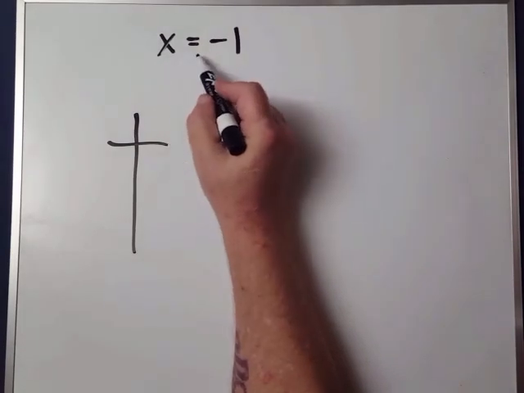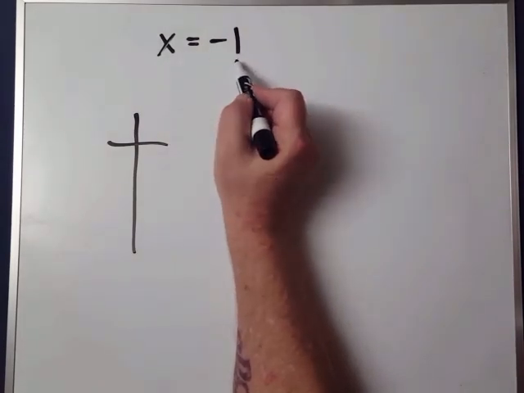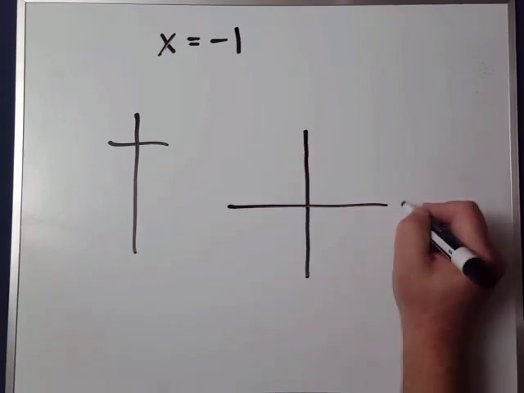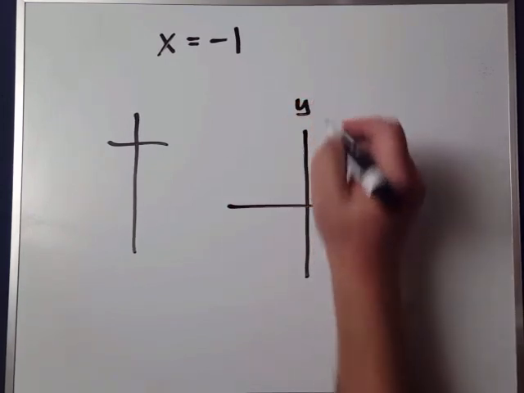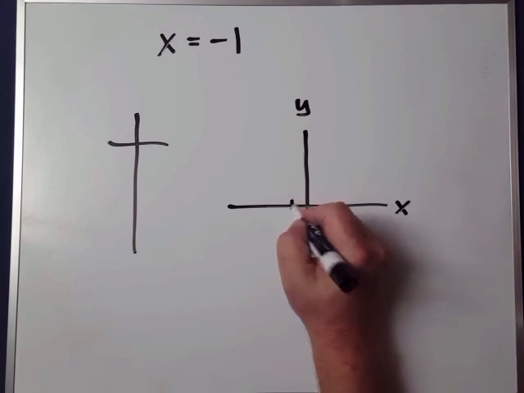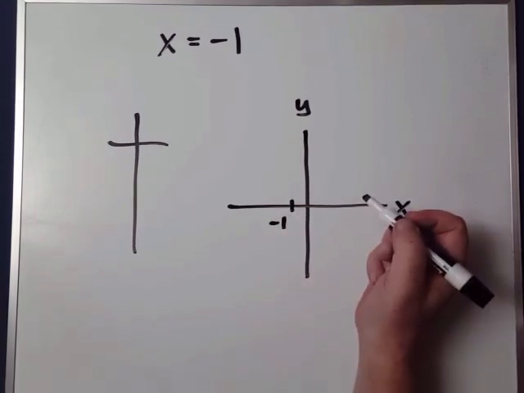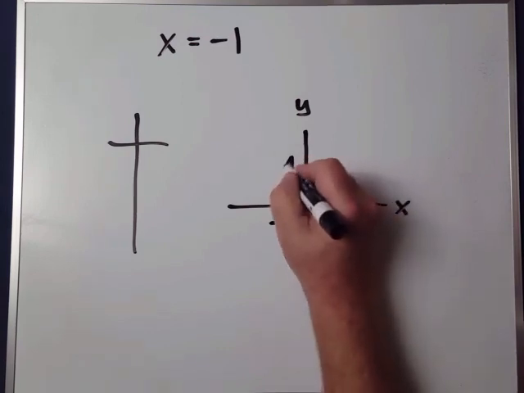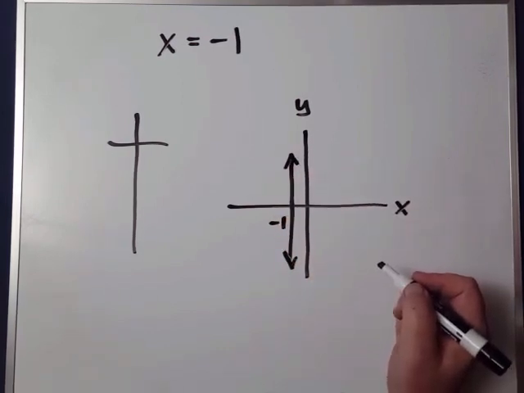This says x is -1. Now, if we've got this down pat, and we understood that brown box, that simply means that this is going to be the vertical line that passes through -1 on the x-axis. And I'm done.